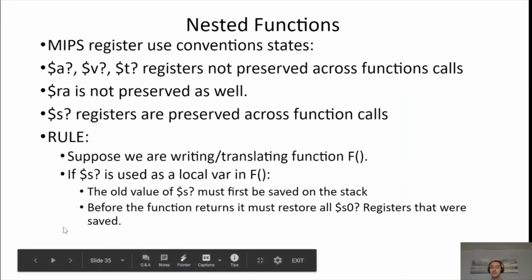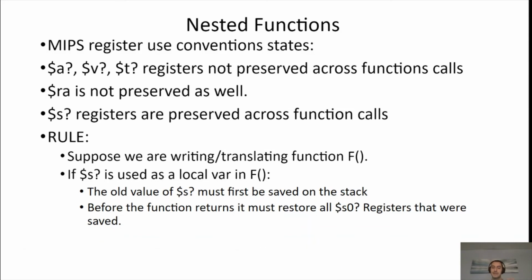The solution is to save your S register on the stack as well, the same way you are doing with your return address. Then at the end of the function, you restore the same value that was in the S and put it back in those S registers.